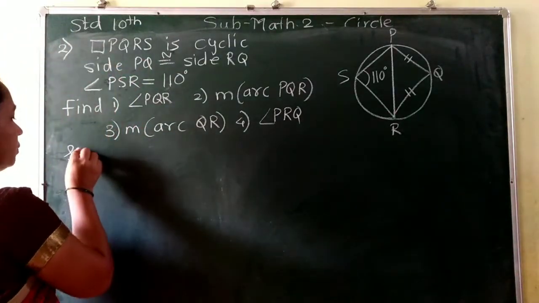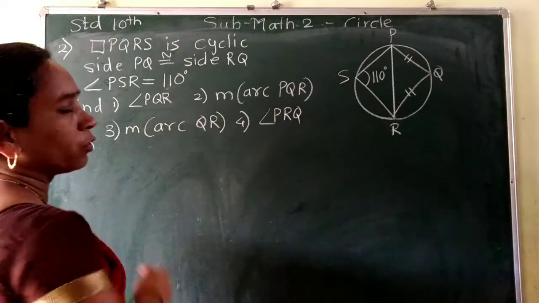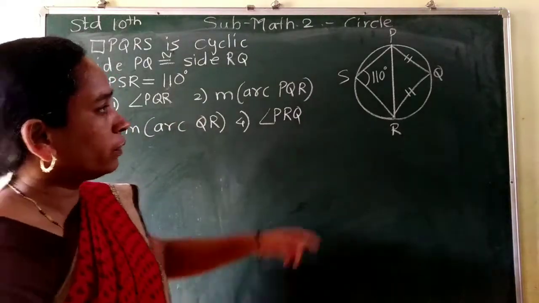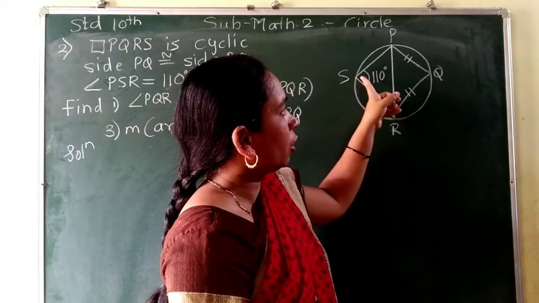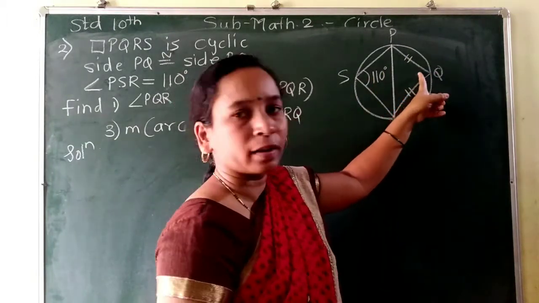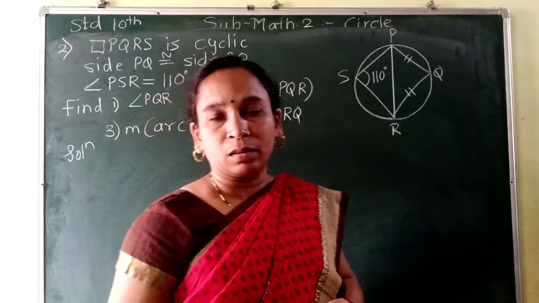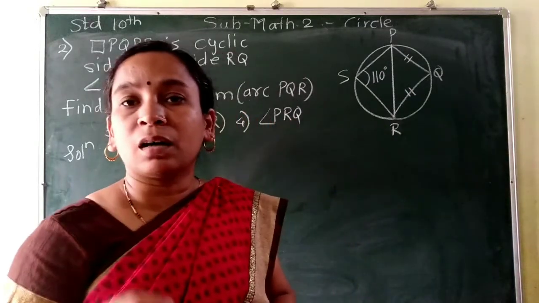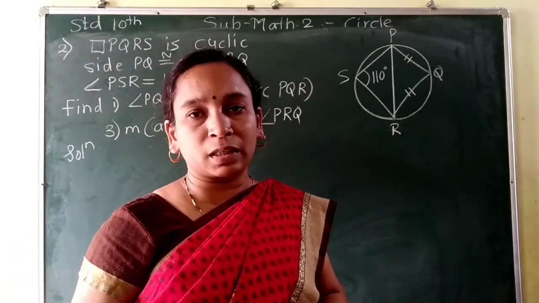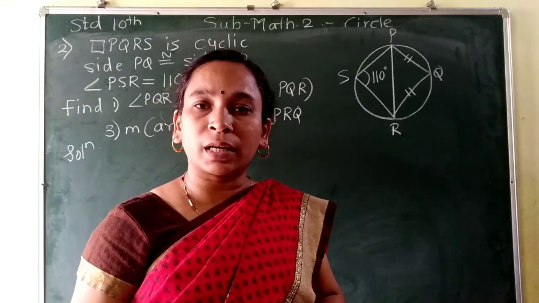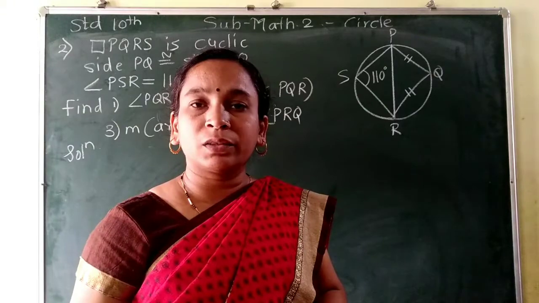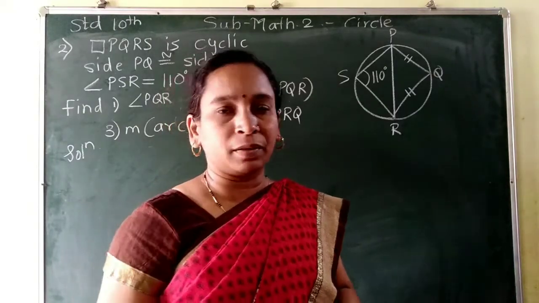So the solution: first they asked you to find the angle PQR. If you observe, angle S and this angle Q are opposite angles of a cyclic quadrilateral. So what is the property related to the cyclic quadrilateral? Opposite angles of a cyclic quadrilateral are supplementary.